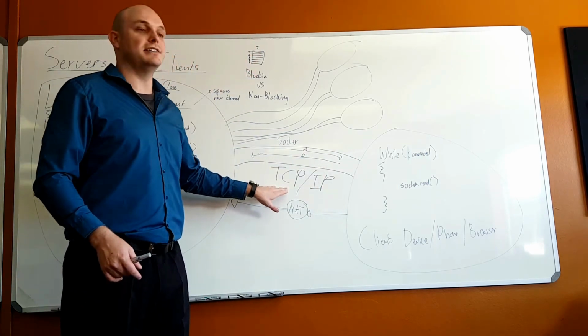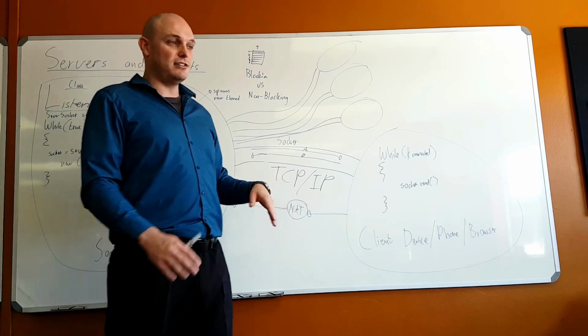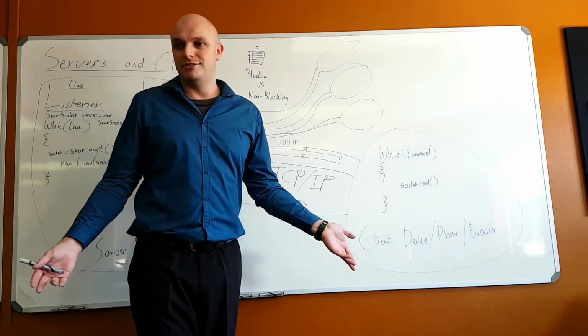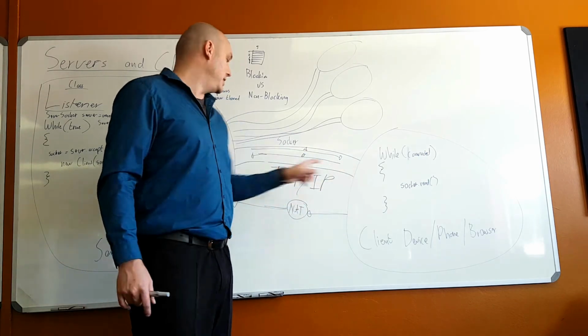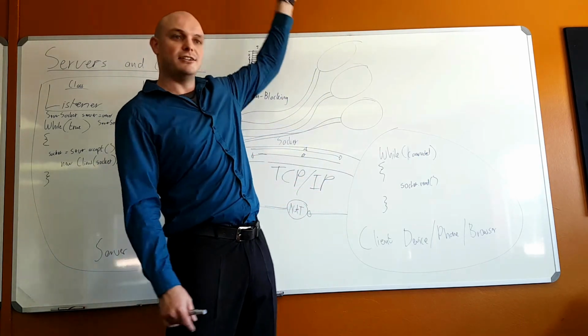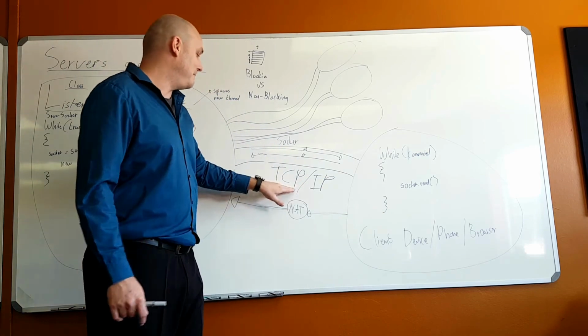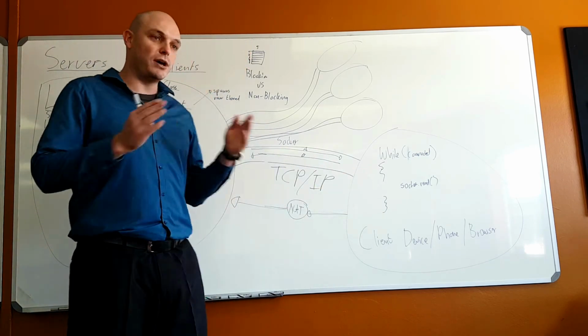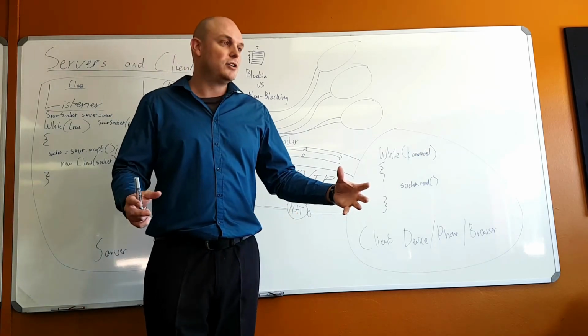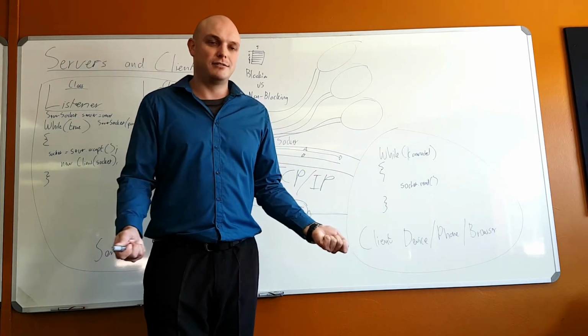That's what TCP/IP does. Other than that, TCP/IP doesn't do a lot. The IP part makes sure that it gets from here to here and not from here to somewhere else. But the TCP part makes sure that it gets from here to here in one piece, in the same order, so you don't have to do error checking.